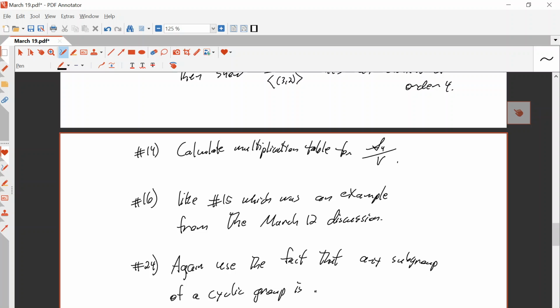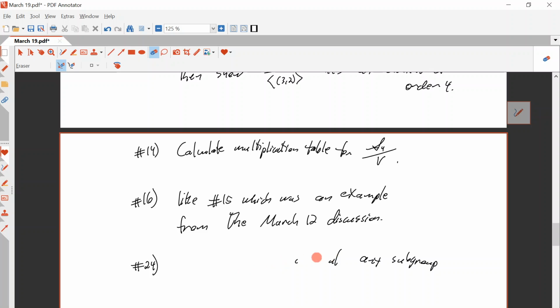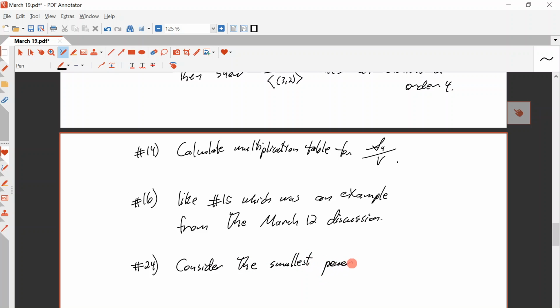No, actually, it does not. I'm sorry, I thought it did, but it doesn't. All you need to do is just consider the smallest power of the generator of G that falls in N.